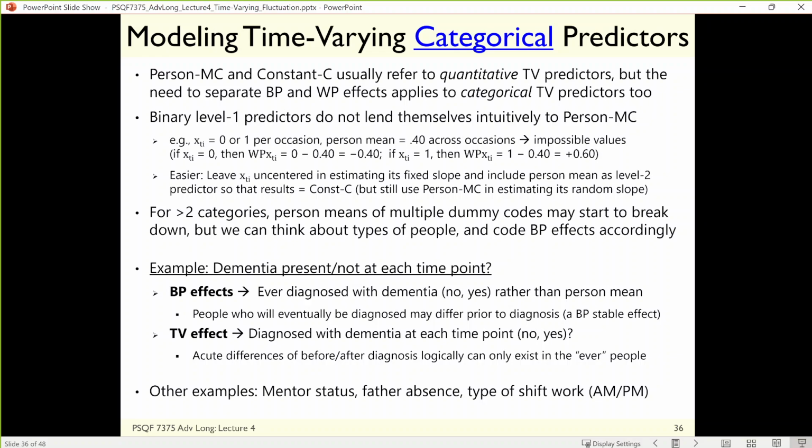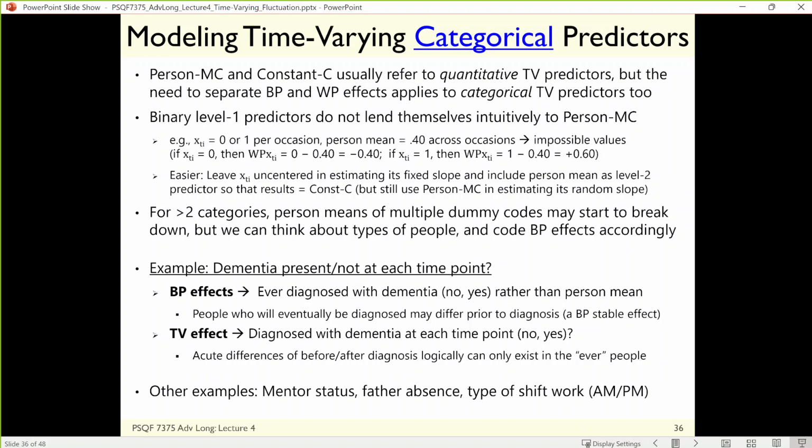Yeah, if the time varying predictor is whether or not you smoke today, and you have a non-smoker who never smoked at all, then they cannot show an effect of whether you smoke today. Logically, you're talking about the influence of smoking this day and not the other day in smokers, in people who smoked at least once.